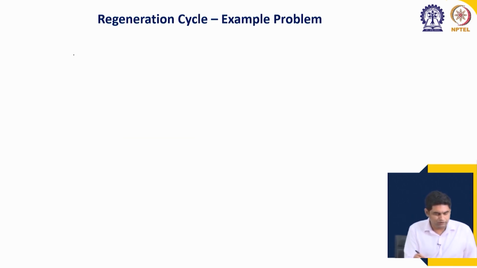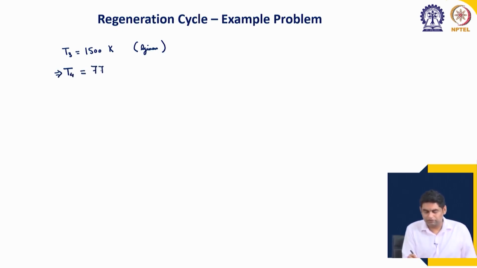Go to the next slide. Since T3 is equal to 1500 Kelvin, given, it means that T4 can be calculated, and it is of course going to be the same as the standard Brayton cycle value, because nothing has changed up to this point.